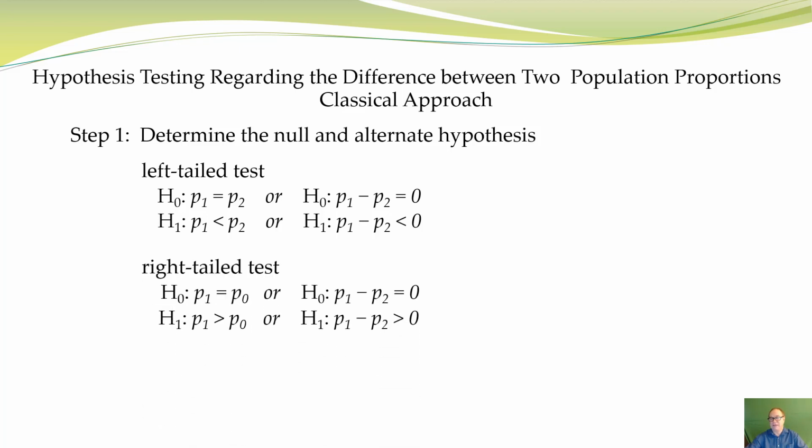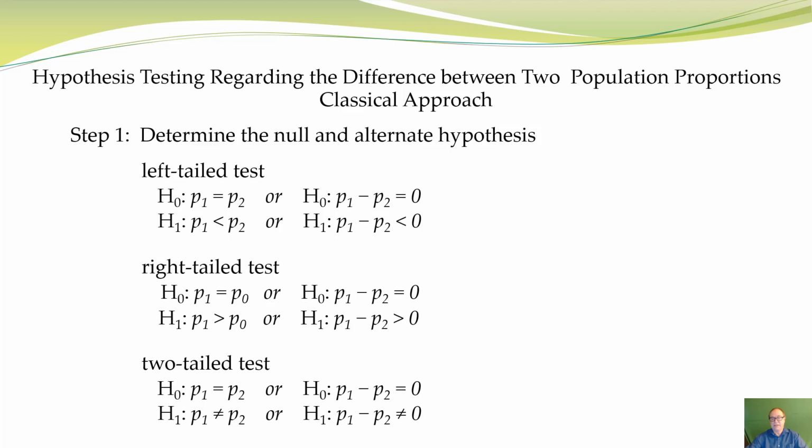Now, a right-tailed test. Again, you would assume that should be p sub 1 equals p sub 2, or p1 minus p2 equals 0. And the alternate would be p1 greater than p2, or p1 minus p2 greater than 0. Because think about it, if p1 is greater than p2, then p1 minus p2 is greater than 0.